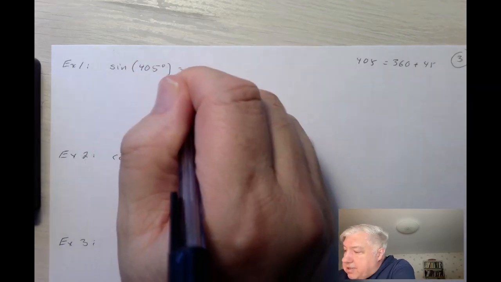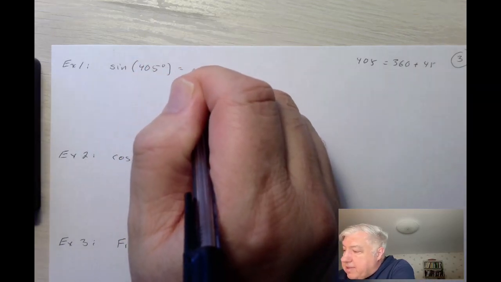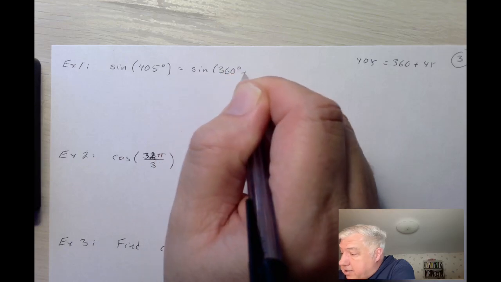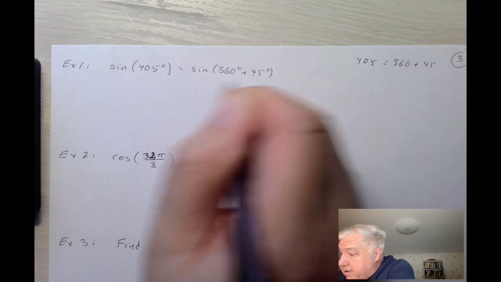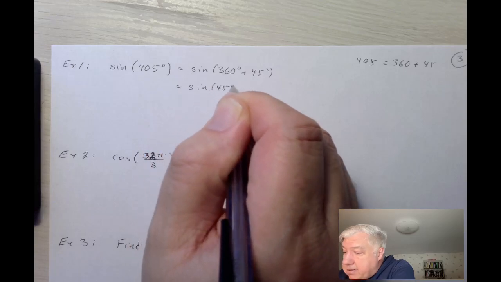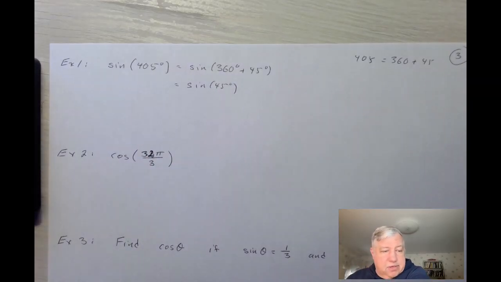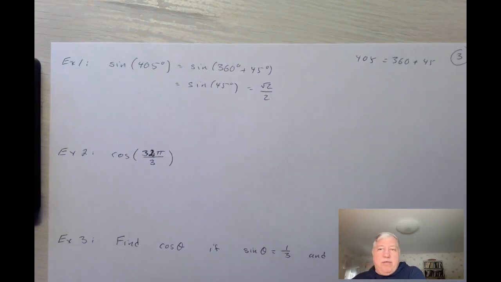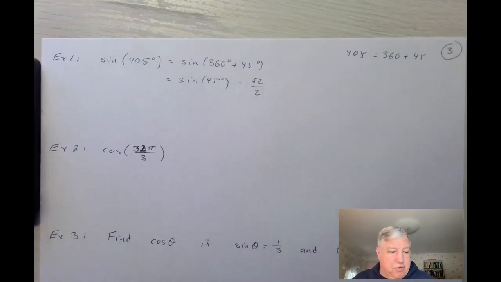So this is the same thing as the sine of 360 plus 45, and this is the sine of 45 degrees. So this is root 2 over 2. You can read that either by memorizing or looking it up on your unit circle.